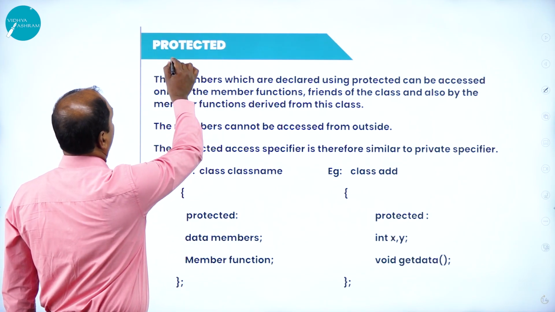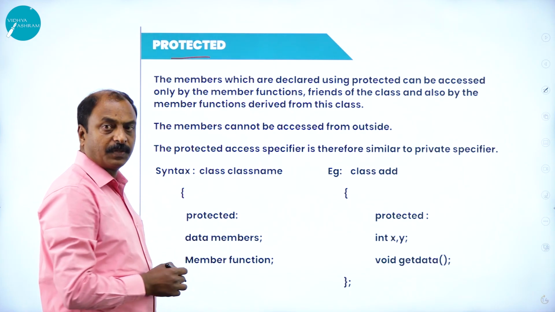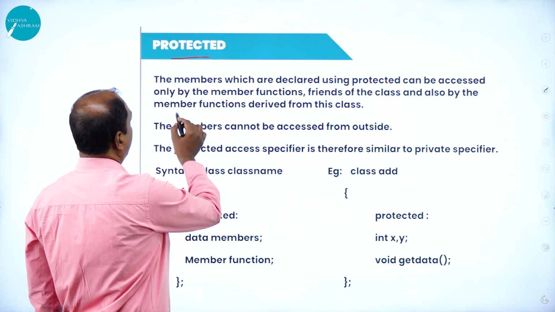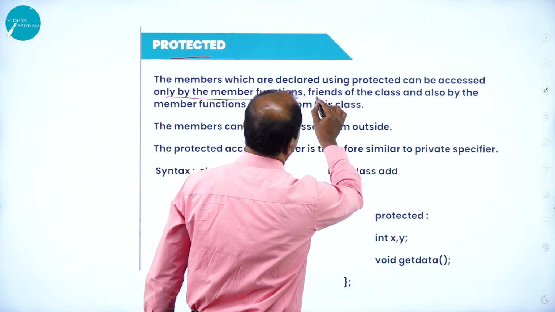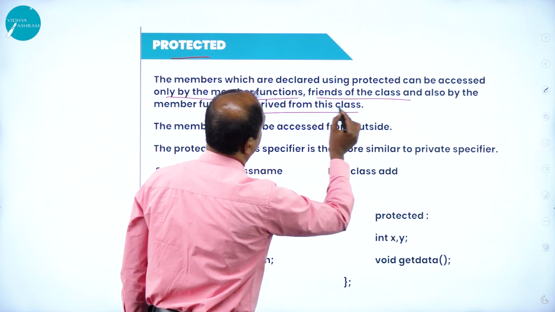Next one is the protected access specifier. What is the definition of this? The members which are declared using protected can be accessed only by the member functions and friends of the class, and also by the member functions of classes derived from this class.